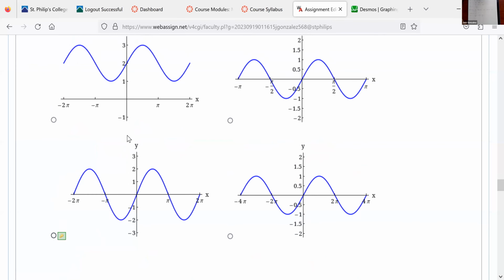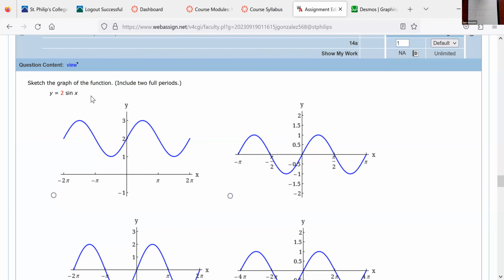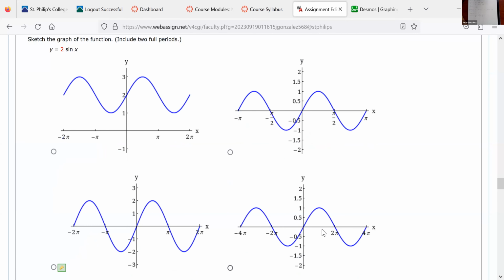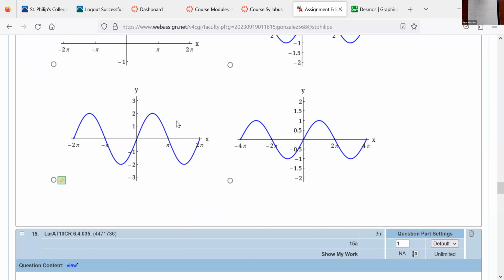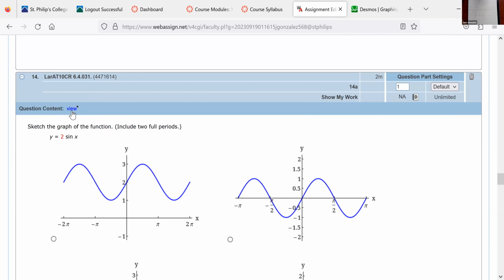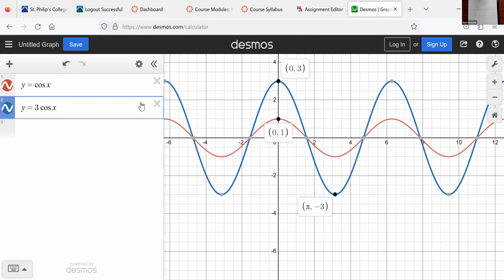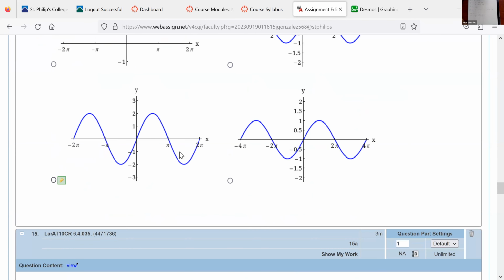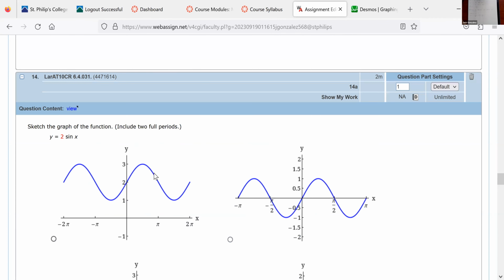It didn't shift upward because there's no D outside. It didn't shift horizontally either, so it has to be option C. Just by understanding the transformations and what these do and what the original looks like, right? Sine, cosine, etc. Any questions on these ideas so far?